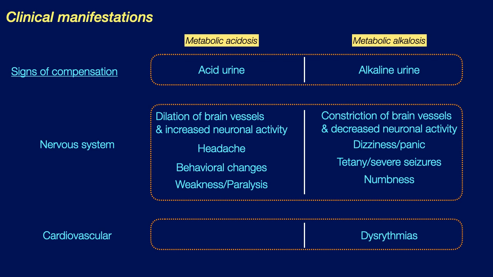While in alkalosis, there will be constriction, just the opposite, decreased neuronal activity, so you'll have dizziness, panic, tetany, very severe seizures, numbness in the extremities, right? In the cardiovascular system, only alkalosis has effects in the shape of dysrhythmias.